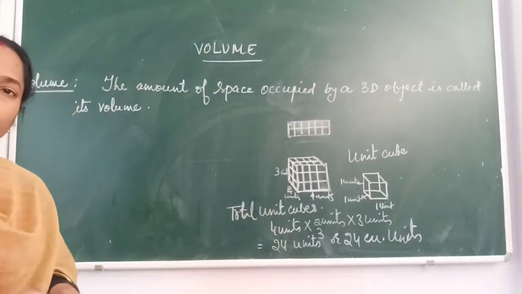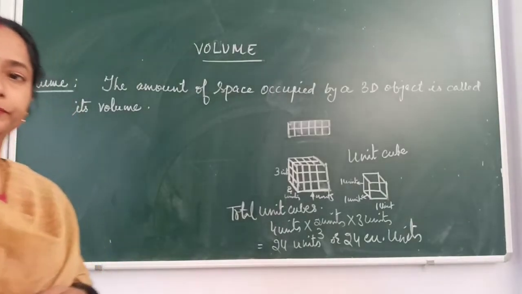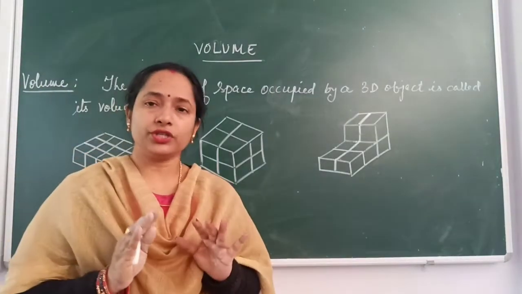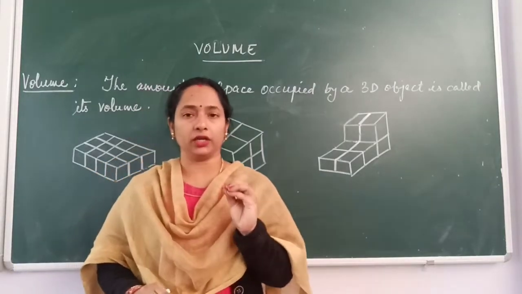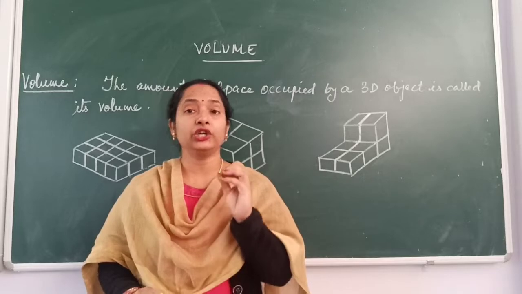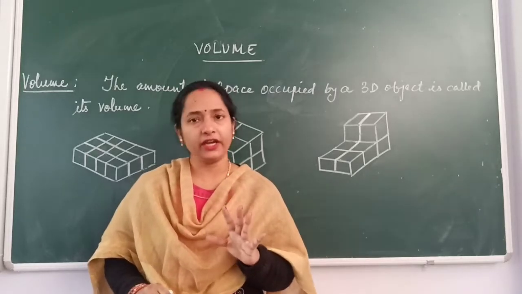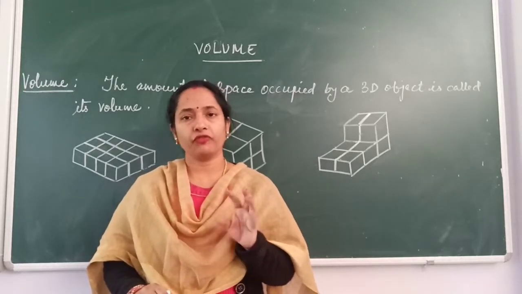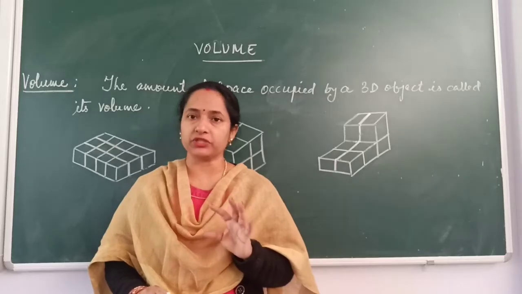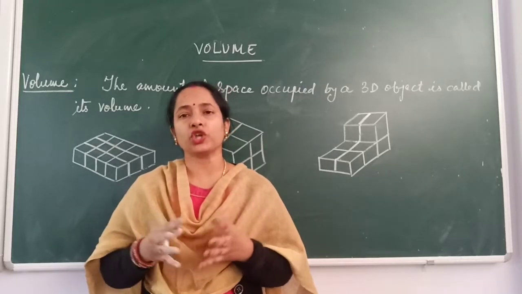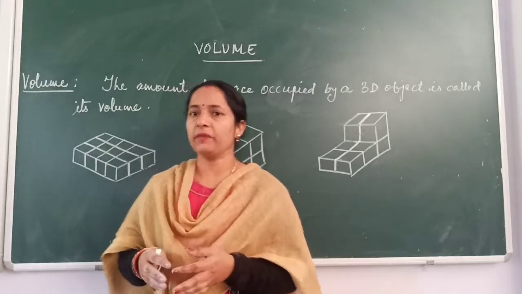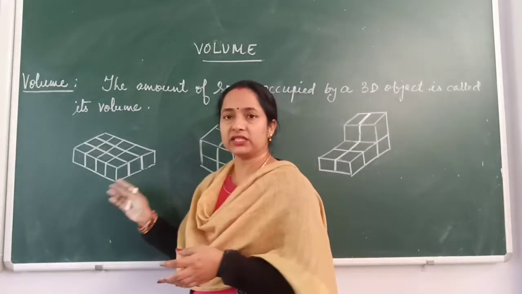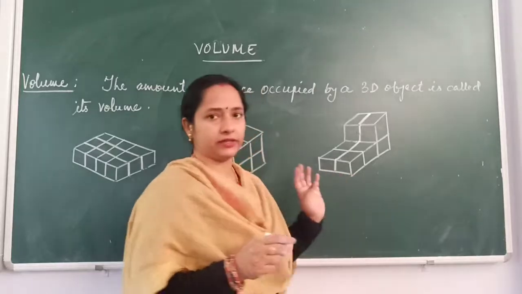24 cubic units. Understood? So children, now you understood that by counting the unit cubes, you can find the volume of any solid shape. Now, every time the solid shape may not be in the form of a cuboid or cube. Sometimes it may be like this, or sometimes like this.